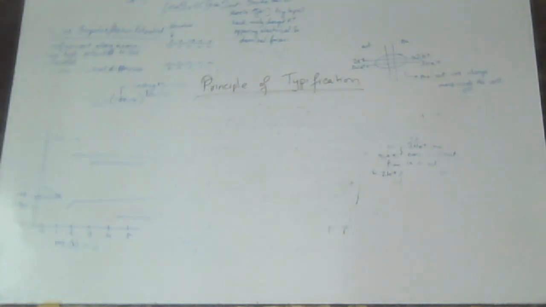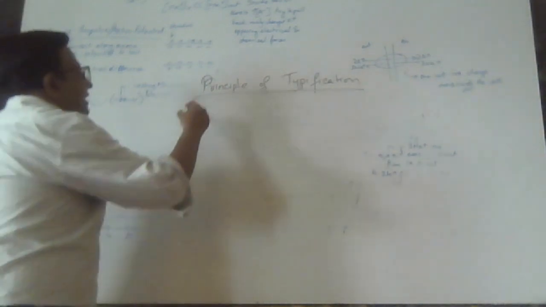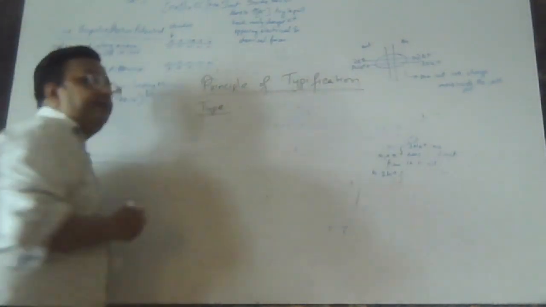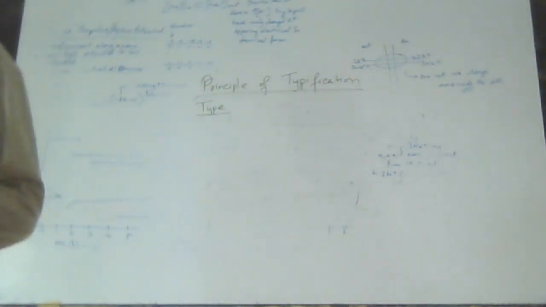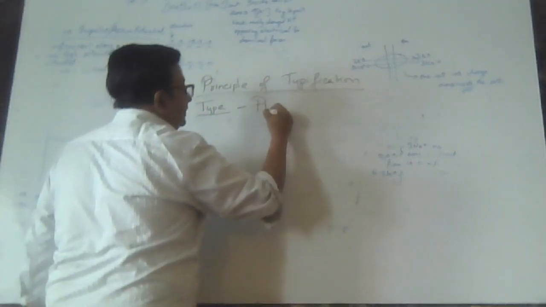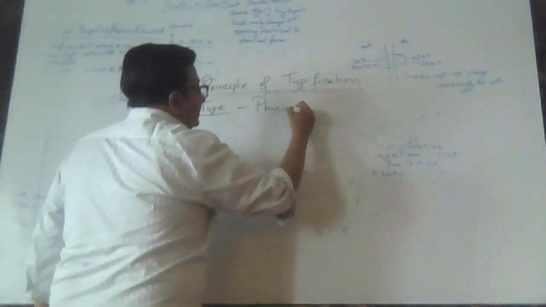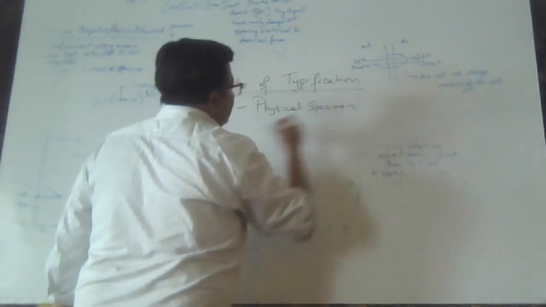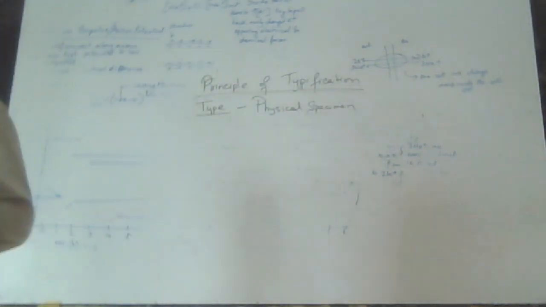Each name which has been given is represented by a type. What is a type? Each name has a type. Type is a physical specimen on the basis of which that name has been given.